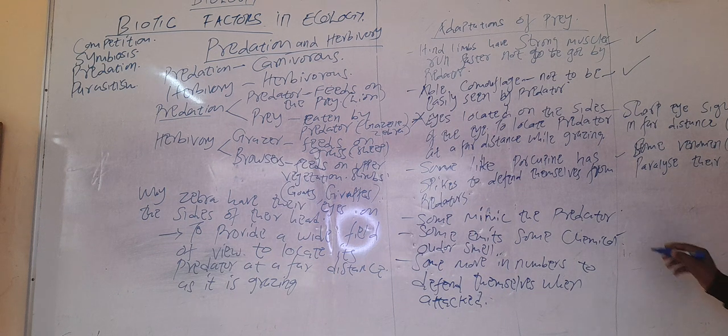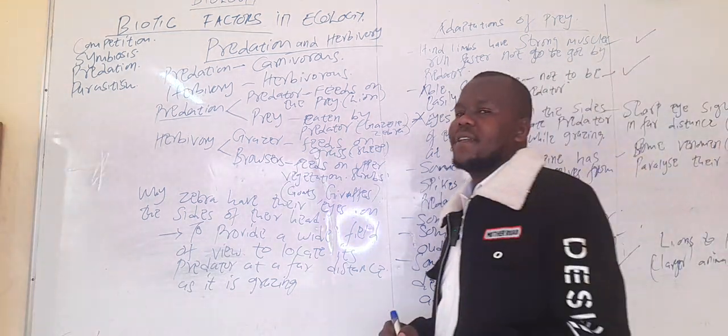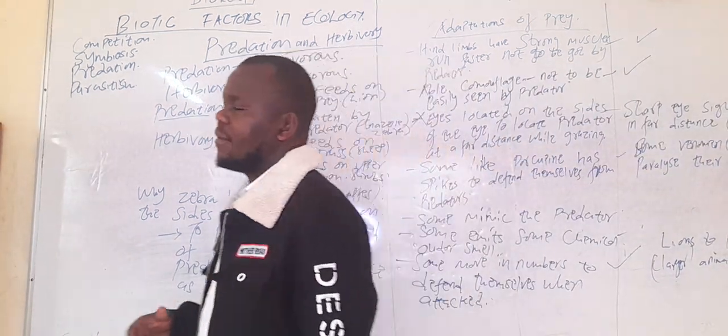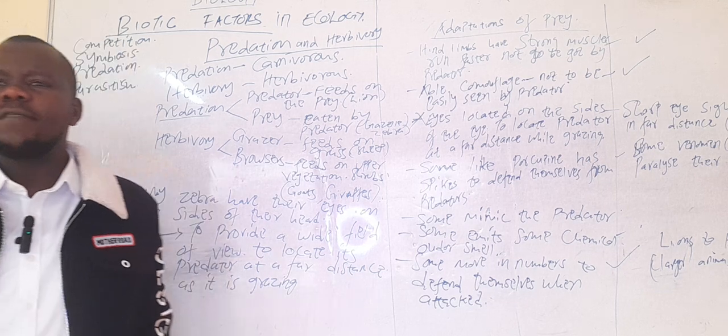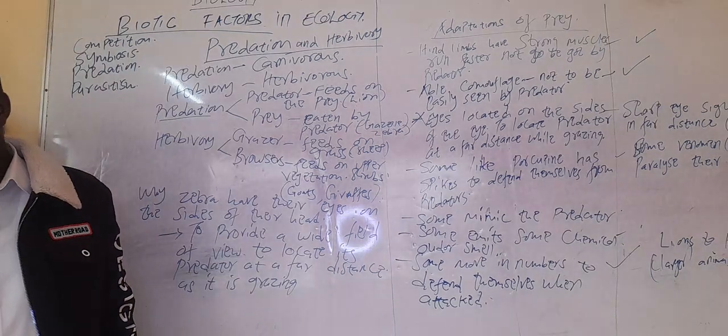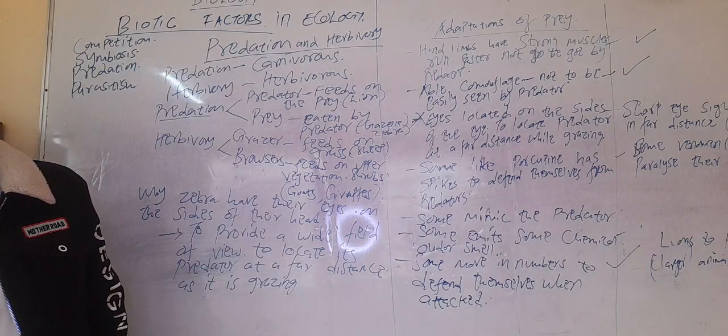Some move in numbers, like lions, to kill the larger animals. Larger what? Larger animals. An example, the lions. For them to defeat an animal like an elephant or the buffaloes, they have to go in large numbers.